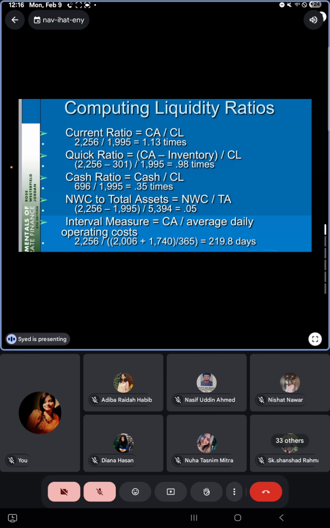So here it is 0.05 times or $0.05. Coming to the interpretation. Net working capital to total asset of 0.05 implies that for each $1 of asset investment, the company invested 5 cents in working capital.